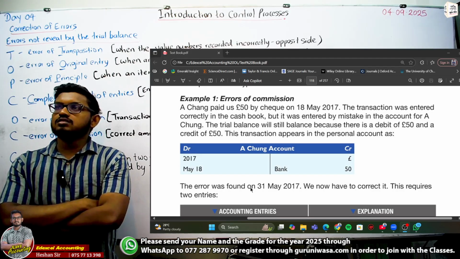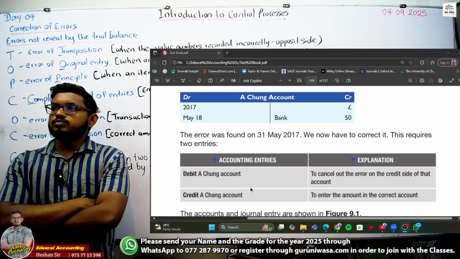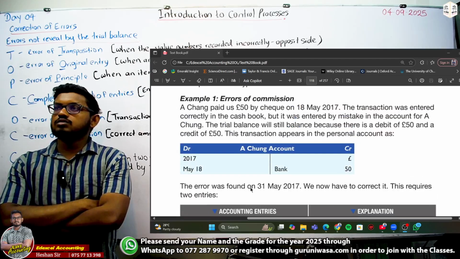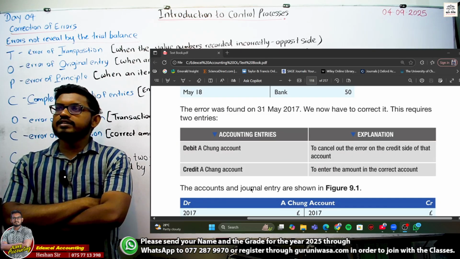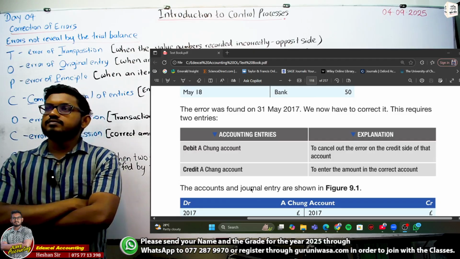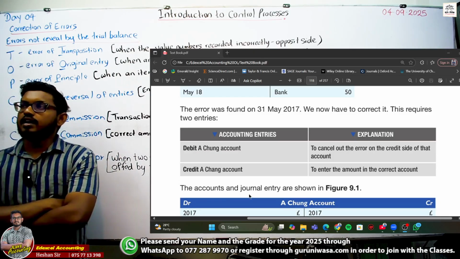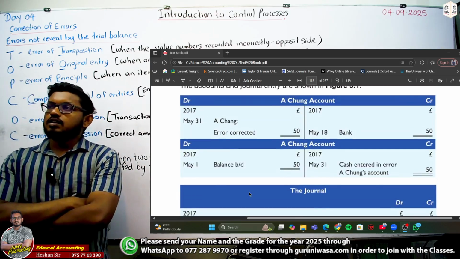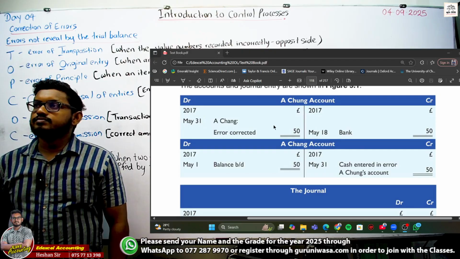So what we need to do is credit A Chang's account and debit the correct account, to cancel out the error on the credit side and enter the amount in the correct account. You can see, mistakenly we recorded it here, right?